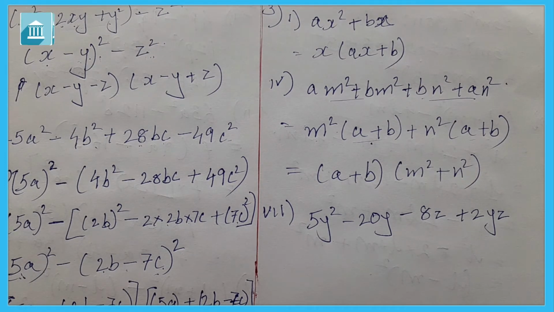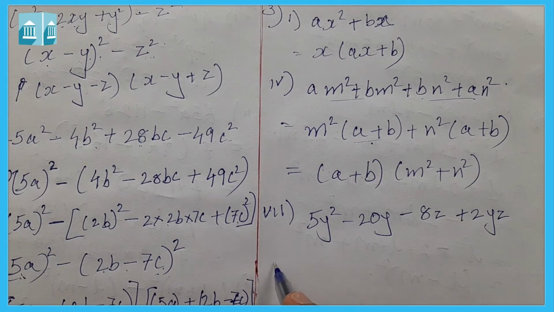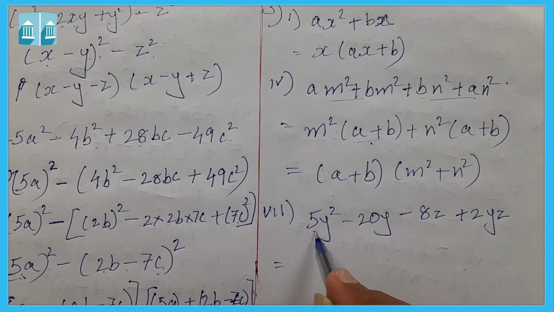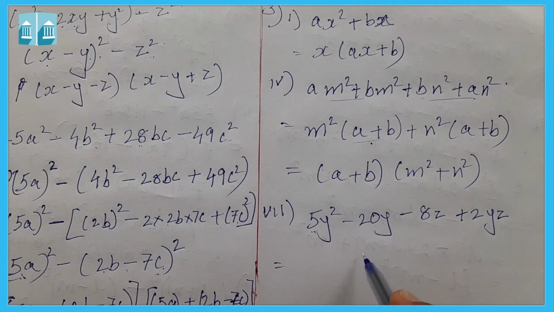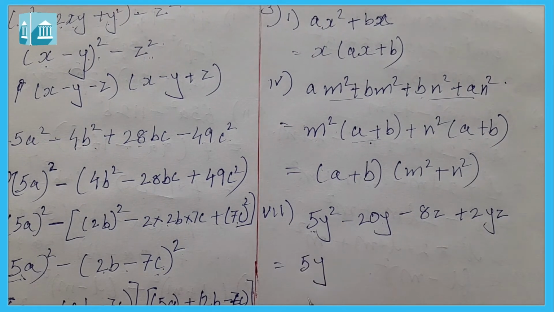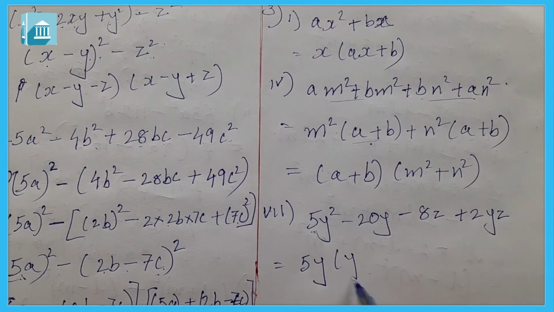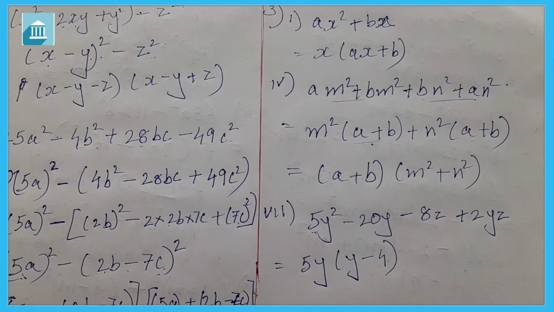Now first we have to see the common, whether there is any common or not. First we have to find the common term. The common term here between 5y square and 20y is 5y. So if you take out 5y from here, y minus 4 will be the common.